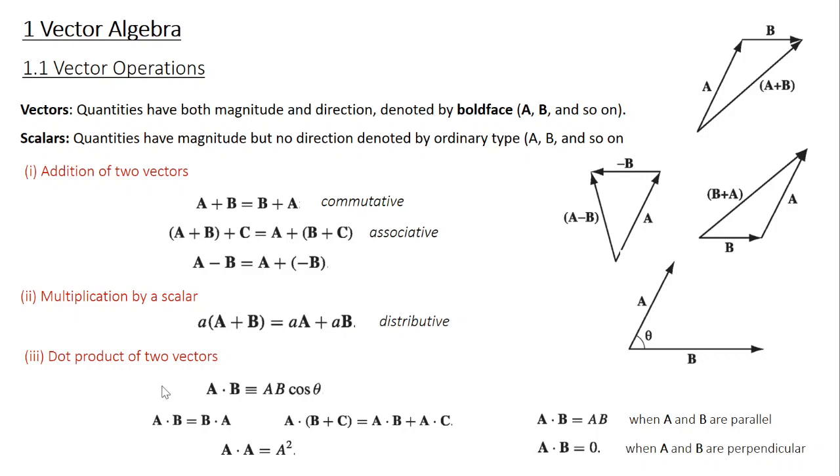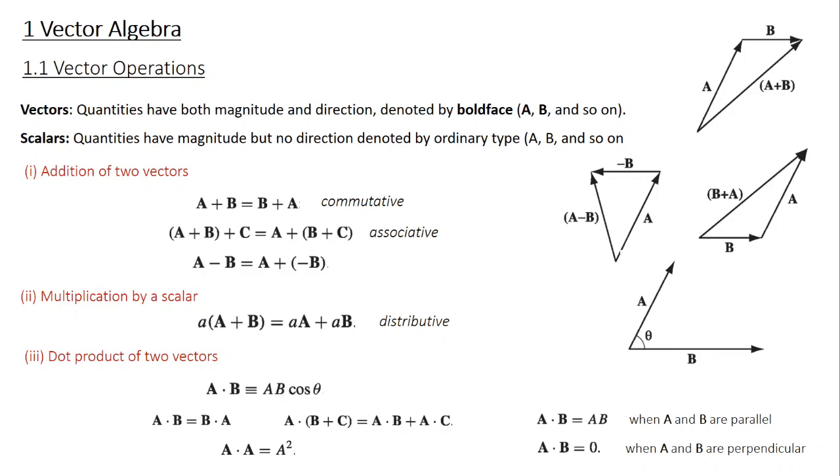Next is the dot product of two vectors. Suppose you have two vectors A and B arranged in tail to tail manner. Let theta be the angle between them. Then the dot product of A and B, known as A dot B, is defined as AB cos theta.